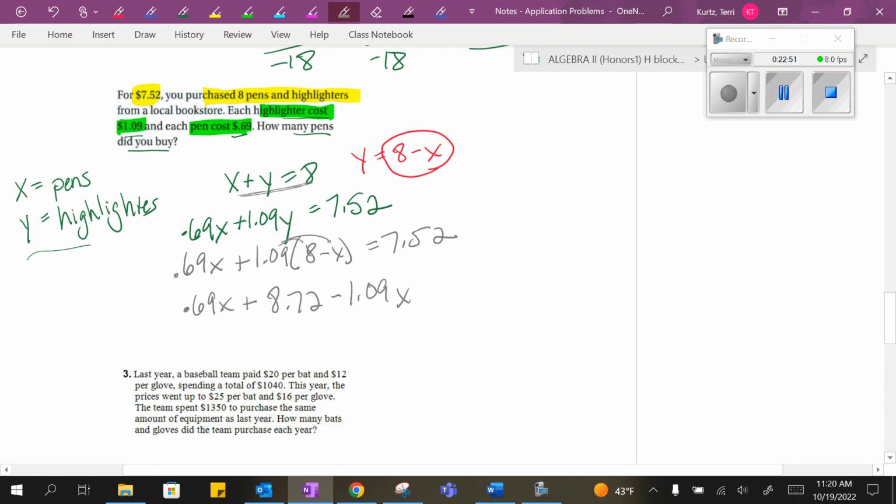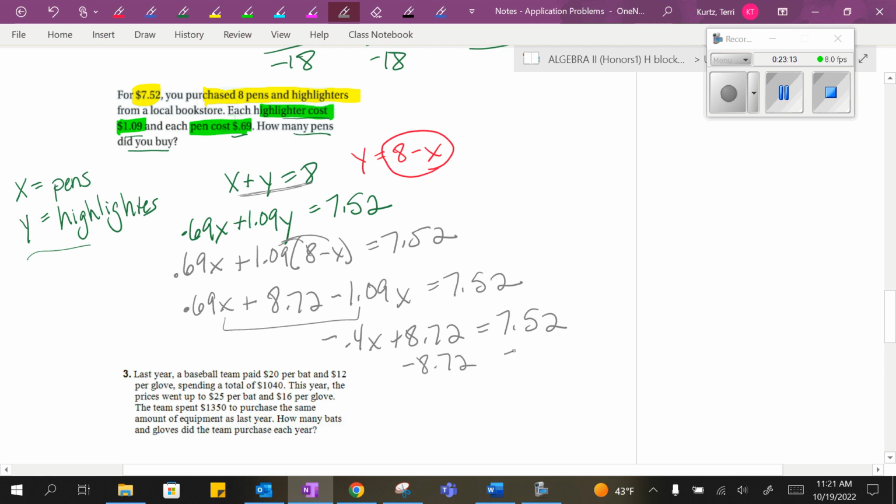Again, I distributed, equals 7.52. I can combine these two. So 0.69 minus 1.09 gives me negative 0.4x plus 8.72 equals 7.52.